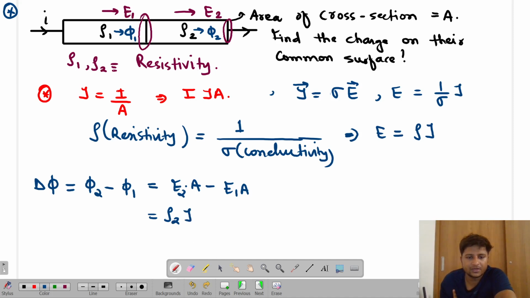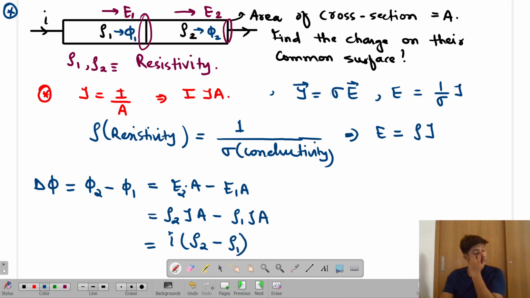So J into A minus rho 1 J into A. Basically J into A is I, so it is I into rho 2 minus rho 1. That is my net flux which is present on that common surface.